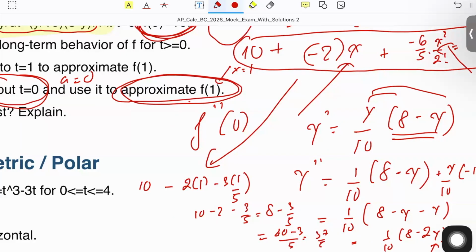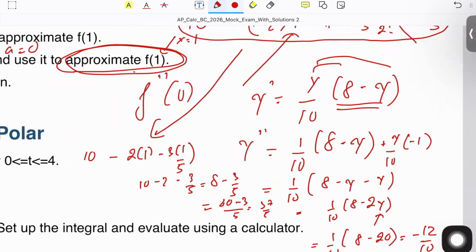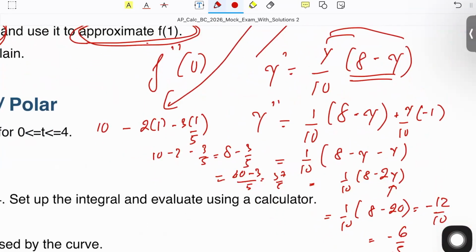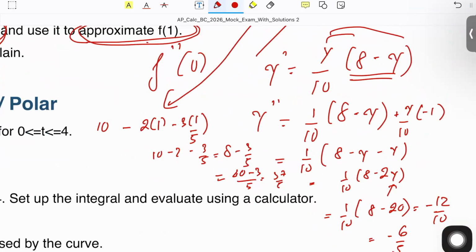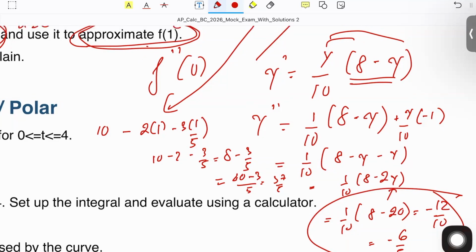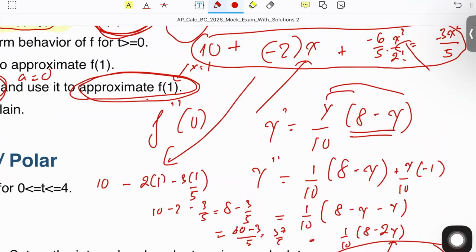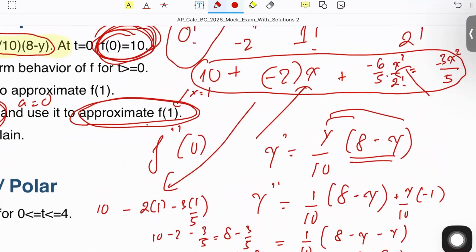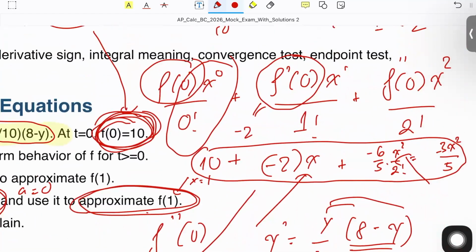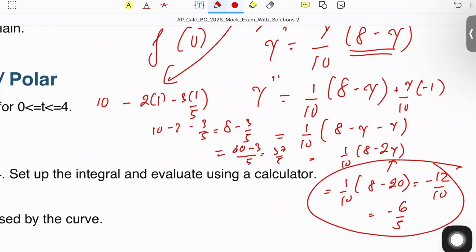Oh, the answer is 46 over 5. So we did something wrong in the calculation. Something is wrong here. 6 over 5, oh no, it's correct. So 10 minus 2, 12 over 5.